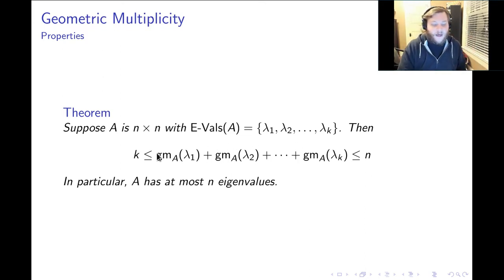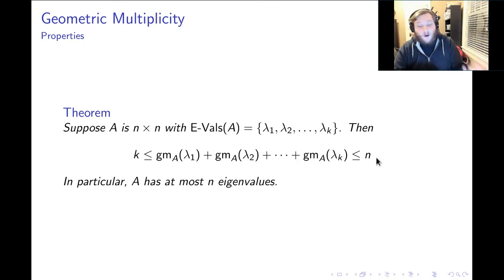So we know that we'll never get a number less than the number of eigenvalues. In this case, I'm using the number k. So if we sum the geometric multiplicities, we'll never get less than k, which is the number of eigenvalues here. And it also turns out that you'll never get a number bigger than the size of the matrix. So if you have all of the eigenvalues and you sum all of their geometric multiplicities, you'll never get a number bigger than the size of the matrix.